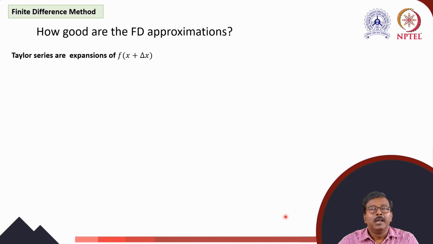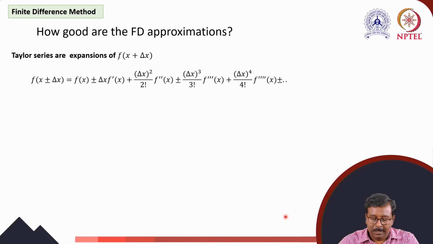We know the function of x plus delta x can be written in this form, that is, f of x plus delta x is equal to f of x plus delta x times f dash x, this is actually del f del x, the first order derivative, plus delta x whole square by 2 factorial f double dash x, that is del square f del x square, plus delta x cube by 3 factorial f triple dash x, third order differentiation.